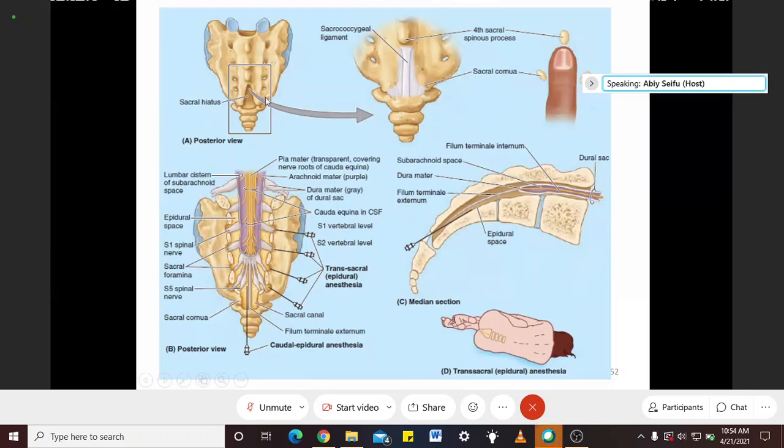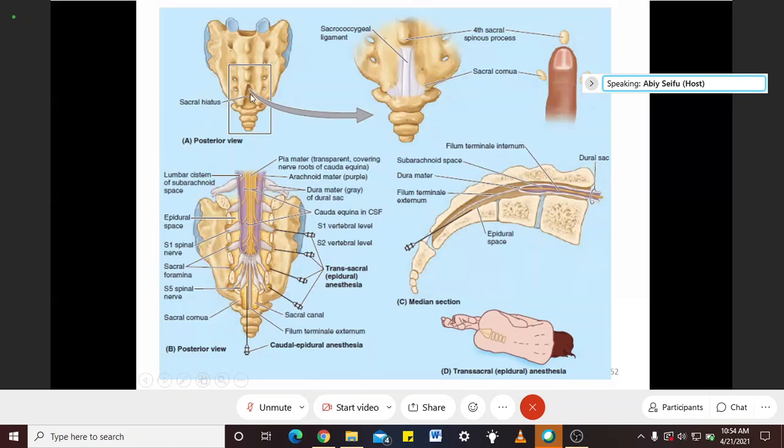This one is the distal part, and the sacral cornu, that means the horn-like projection, serves as a landmark to find this sacral hiatus by palpating it with the finger.